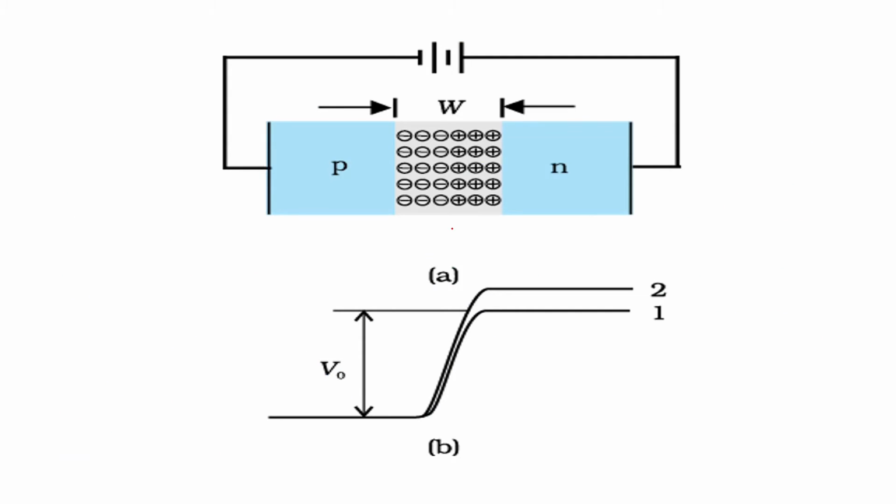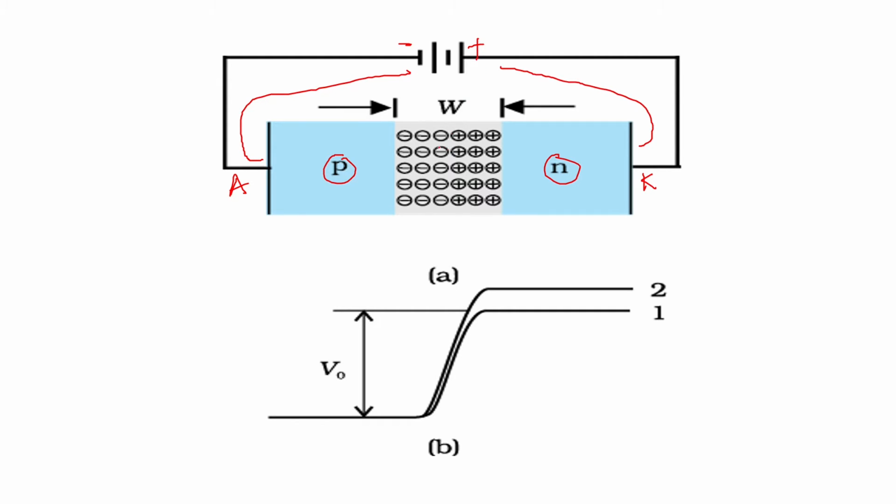Then if you go to see what is reverse bias condition, here again we can show that this is the P type of material and this is the N type of material. When this anode terminal is connected to the negative of a battery, and this cathode terminal is connected to the positive of a battery, it is called a reverse bias connection.